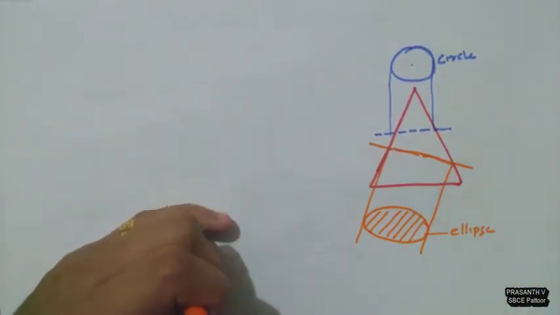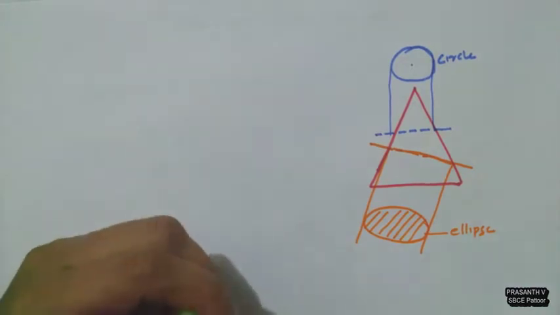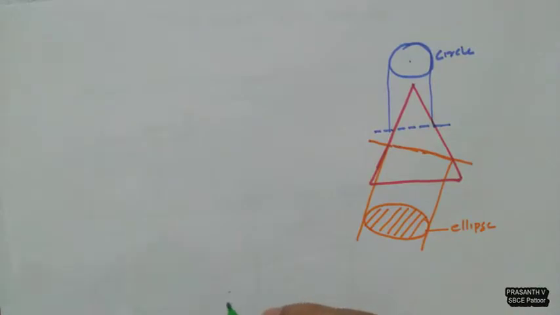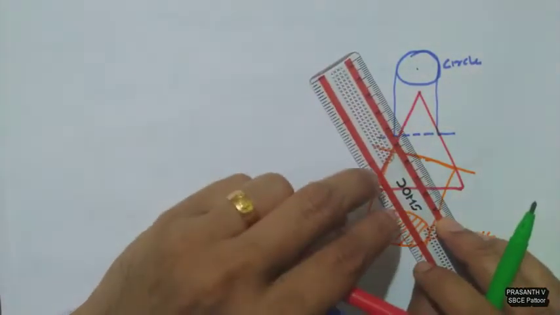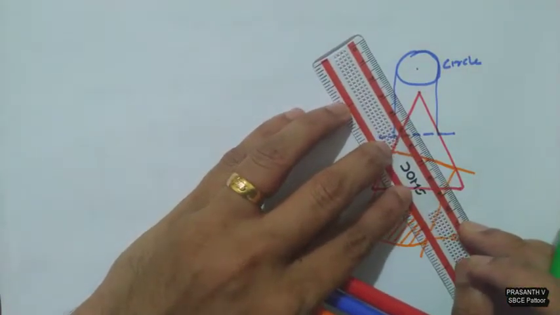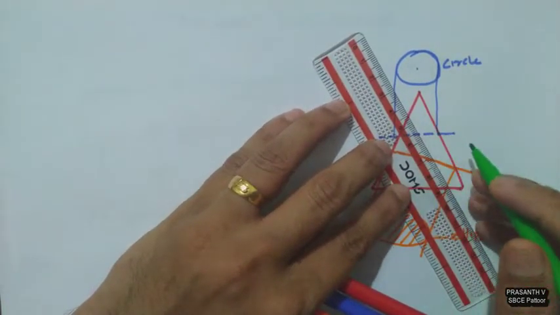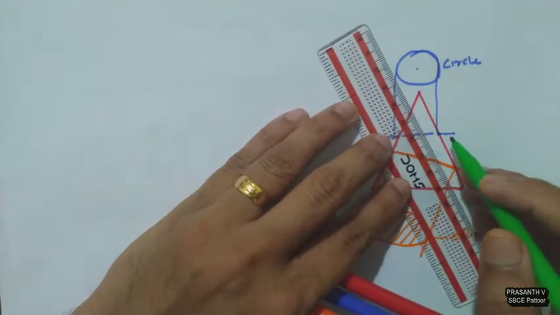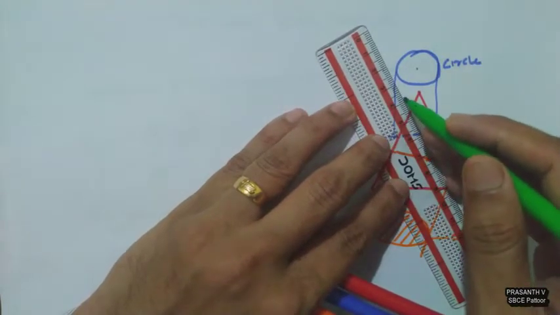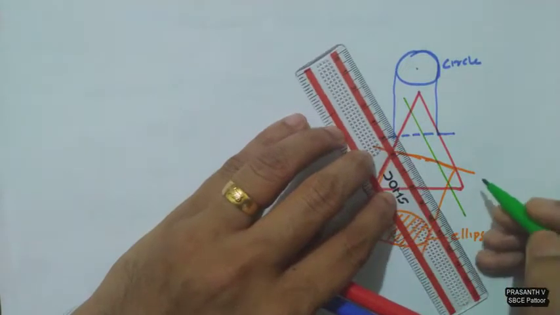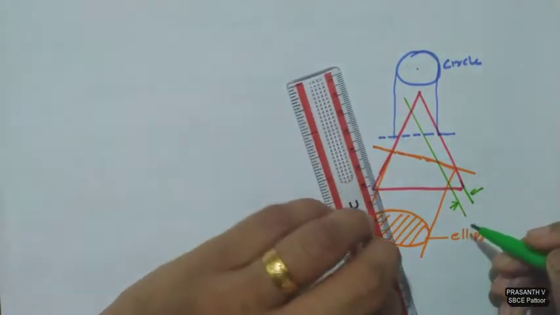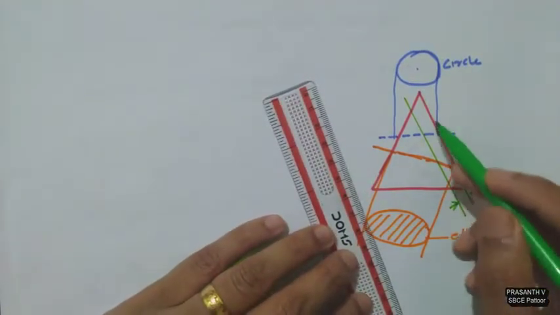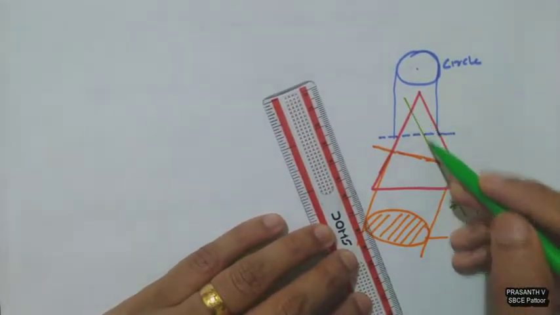Now there is another section also. If we cut the same cone with a section plane such that the section plane is parallel to any one of the end generators, so this end generator and the section plane should be parallel to each other.